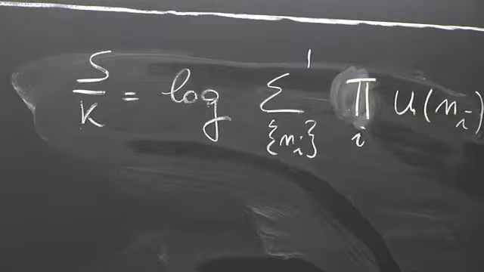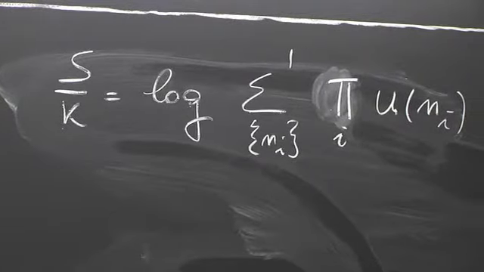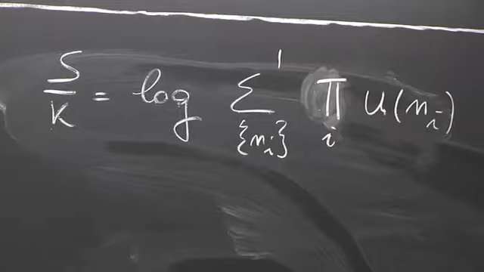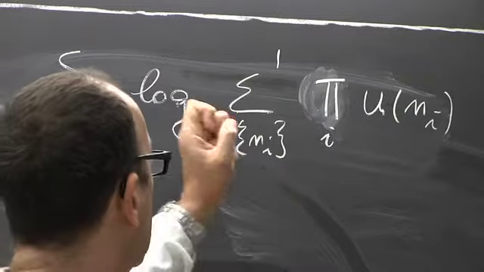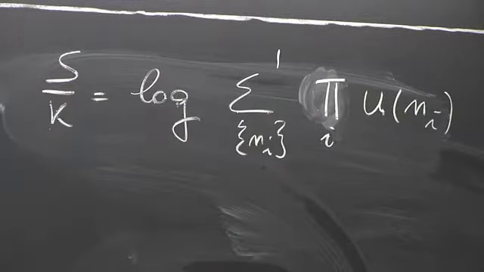Once you compute this thing, you can compute the thermodynamics. Now this is a very complicated calculation, in particular because I have first to do this sum, and this sum is very complicated because of these two constraints, and then I have to take the log.